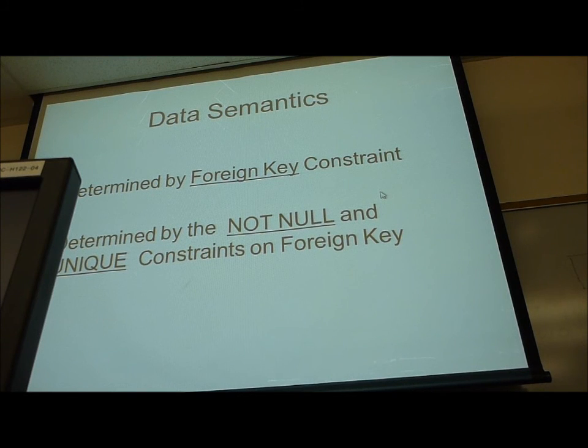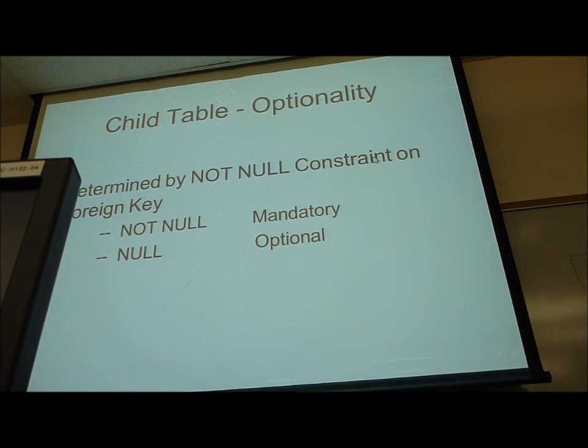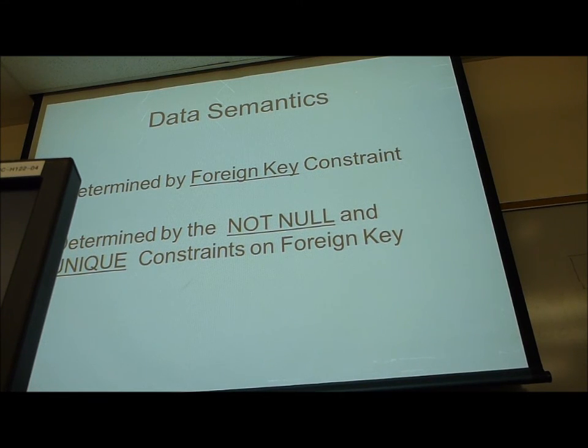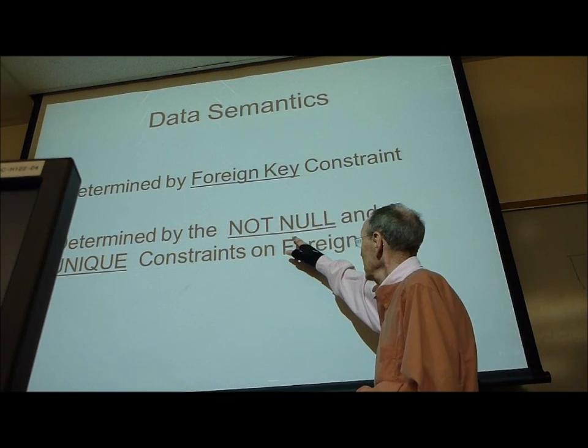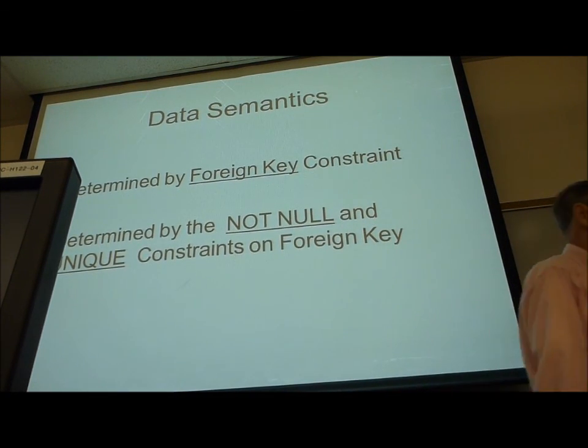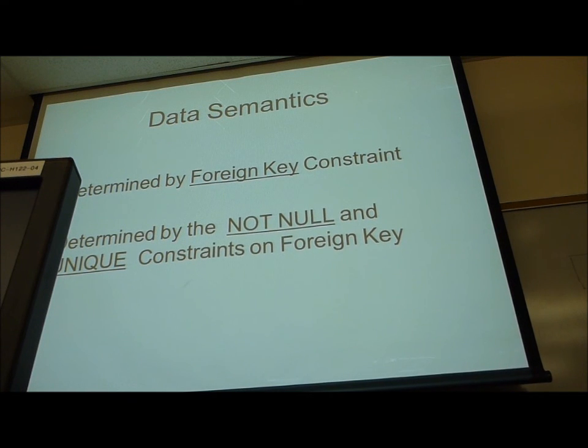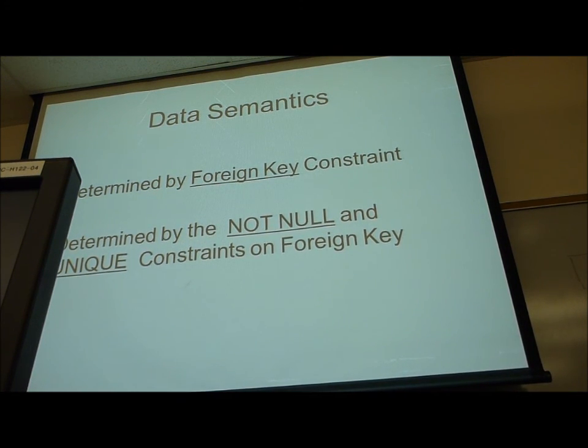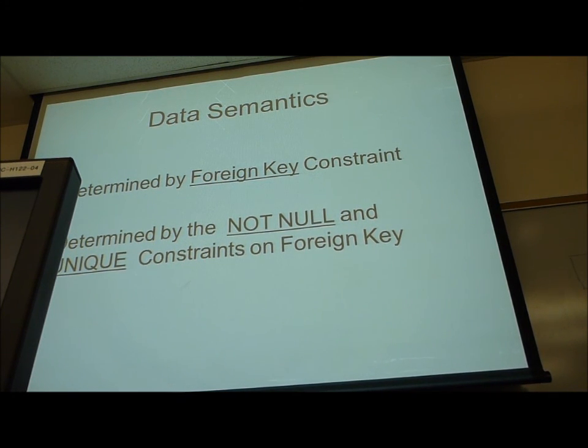Any questions on that? Clear? Sort of. All right, so all of our data semantics is determined by the foreign key constraint. It gives us the relationship between the two tables. And then further, the mandatory and the cardinality are determined by the not null and the unique constraints. Okay. Any questions?